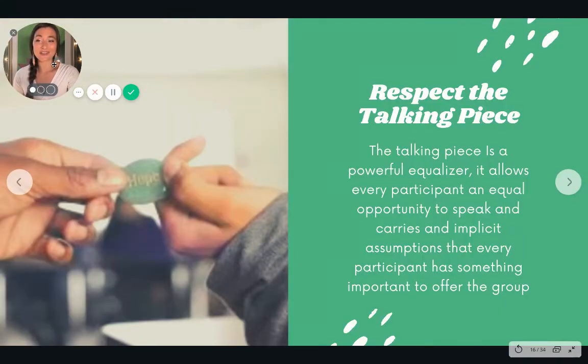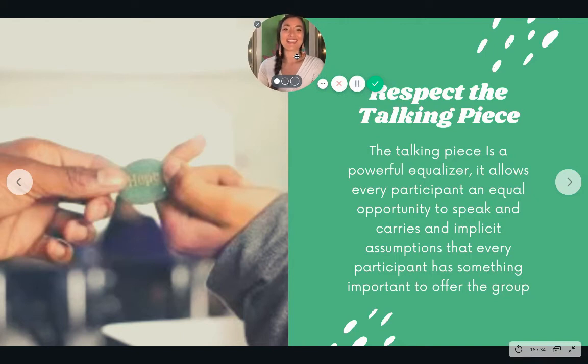So the first agreement is respect the talking piece. So the talking piece can really be anything, any object. I do encourage you to use something as a facilitator that's personally meaningful to you. If you're doing this work in a family with your children, perhaps allowing them to choose something that's personally meaningful to them, like a stuffed animal or a precious object.